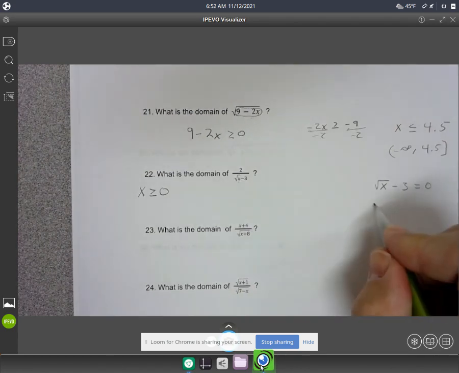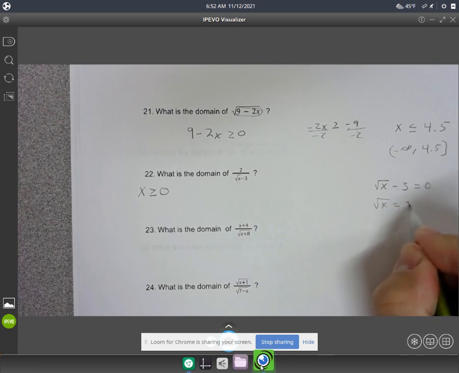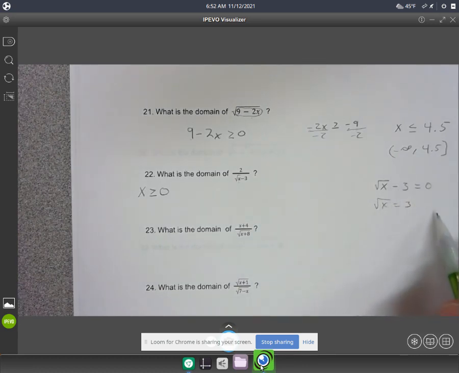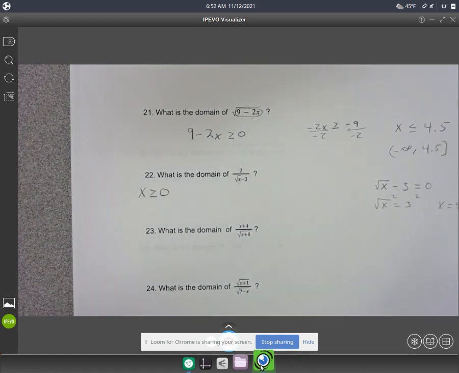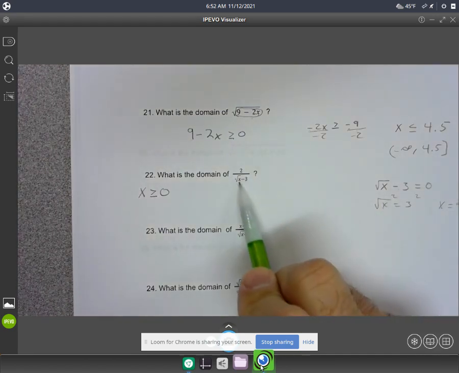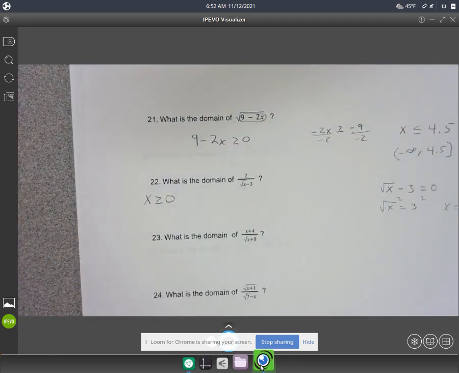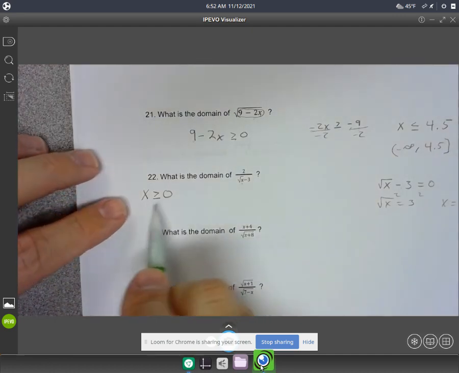Add 3 to both sides, and then you would square both sides, which is going to give you a 9. All right, it would tell you x is equal to 9. This is the one number you want to avoid, because if you take the square root of 9, you get 3, and then 3 minus 3 would be 0. And you cannot divide by 0.